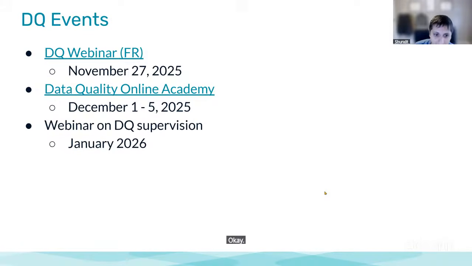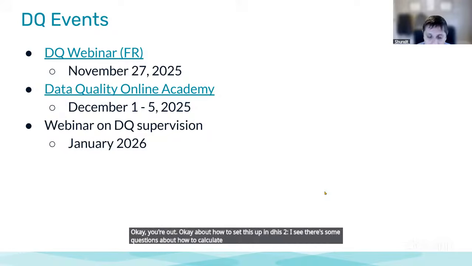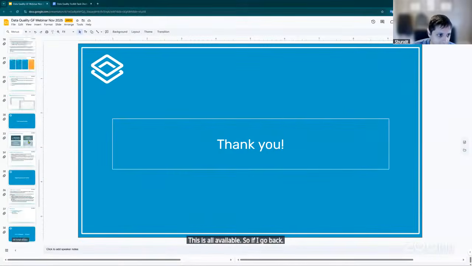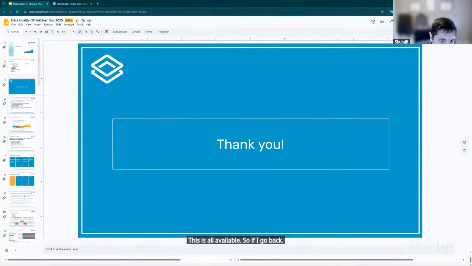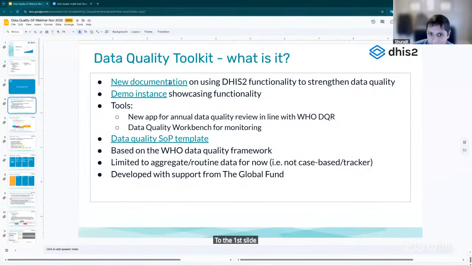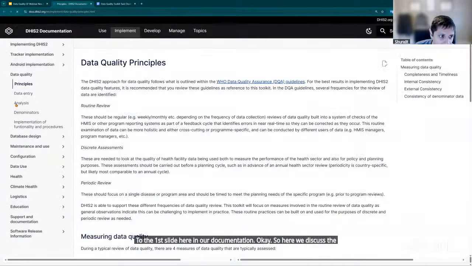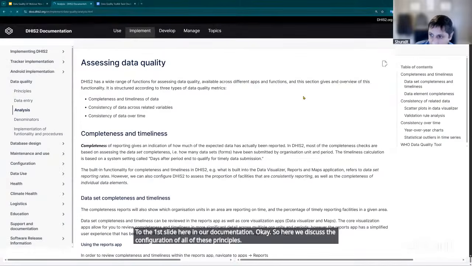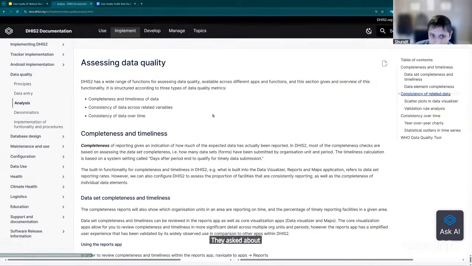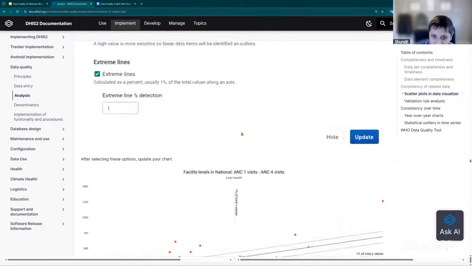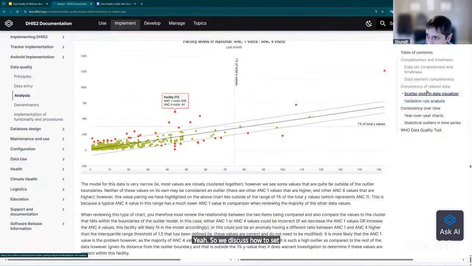Okay. About how to set this up in DHIS2, I see there are some questions about how to calculate this, or the configuration. This is all available. If I go back to the first slide here, in our documentation, here we discuss the configuration of all of these principles. We discuss how to set all this up in maintenance.